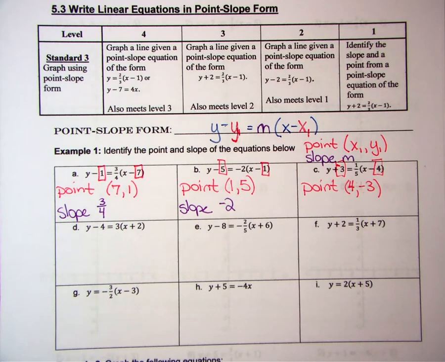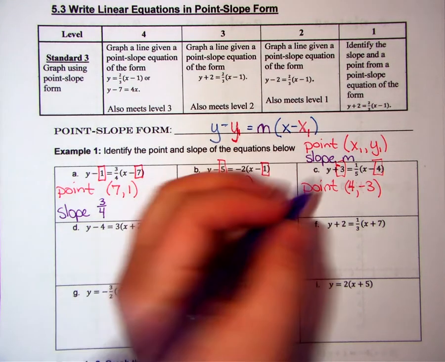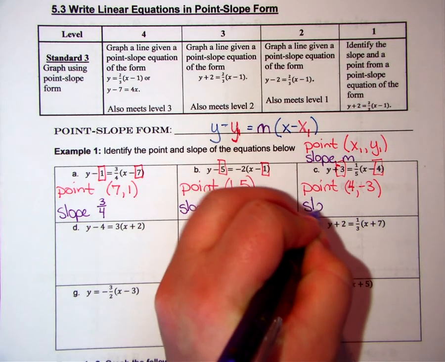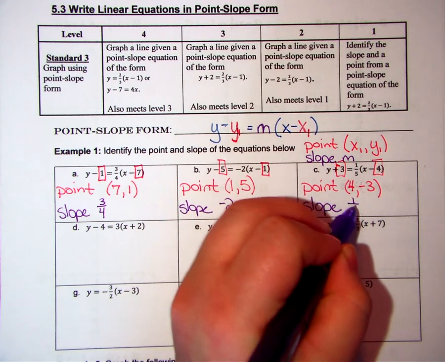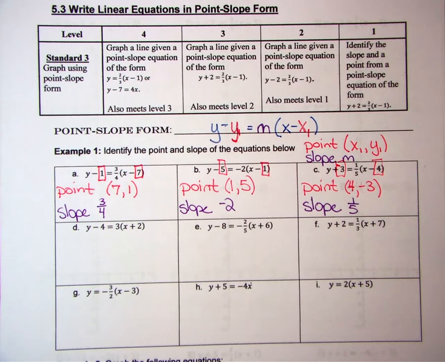Remember, it's always the opposite of what it appears to be. Now for the slope. The number in front of the parentheses is 1/5, so my slope is 1/5.